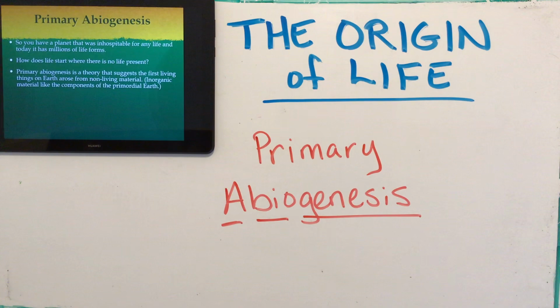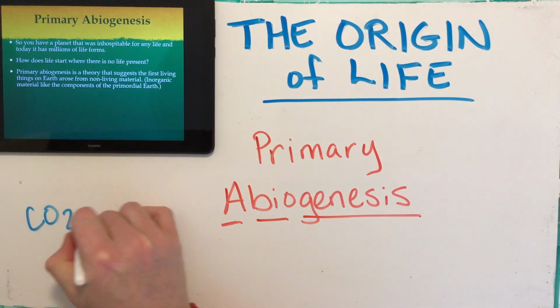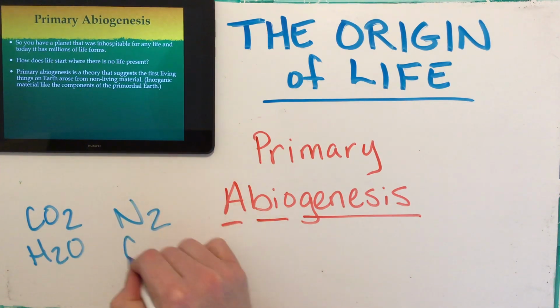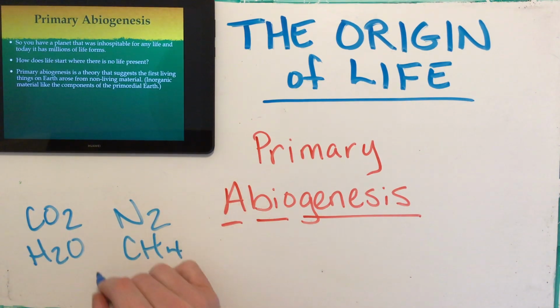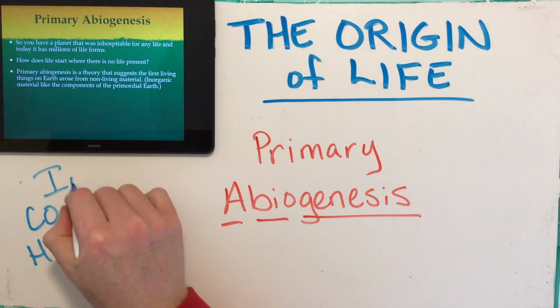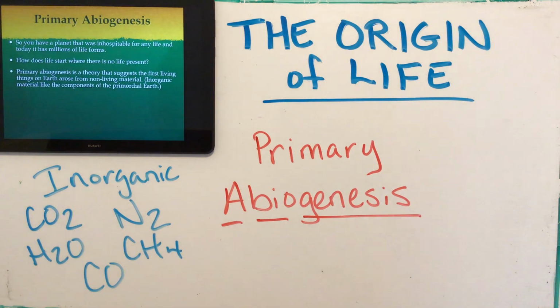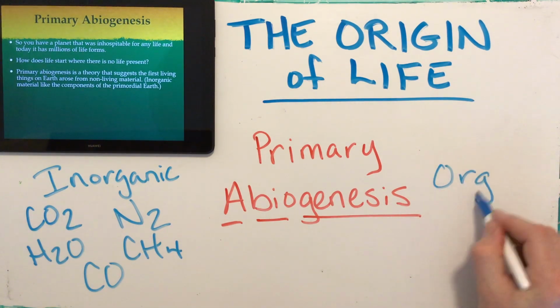So what we're going to be doing is basically taking all this inorganic stuff. So all of these are inorganic. And we're going to try to make organic stuff from them.